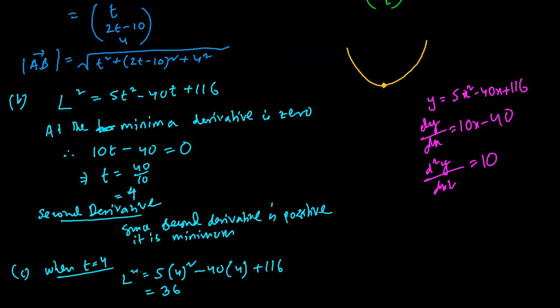So this is the minimum value of L squared. But the question was to find the minimum length. Hence the minimum value should be the square root of 36, which is 6.